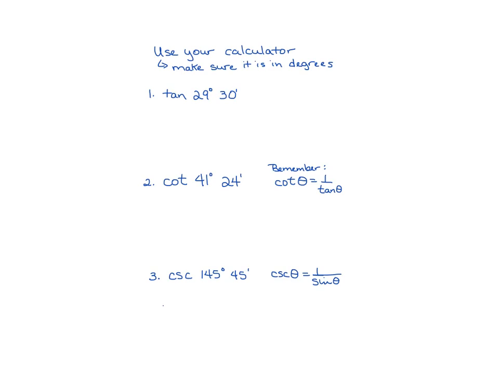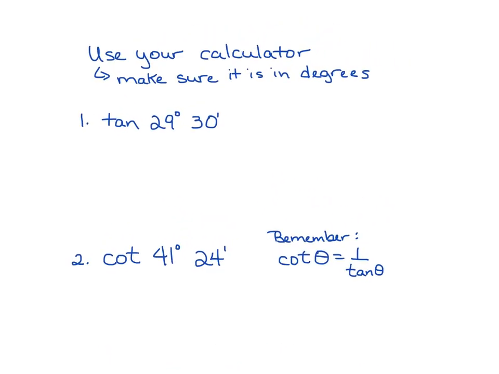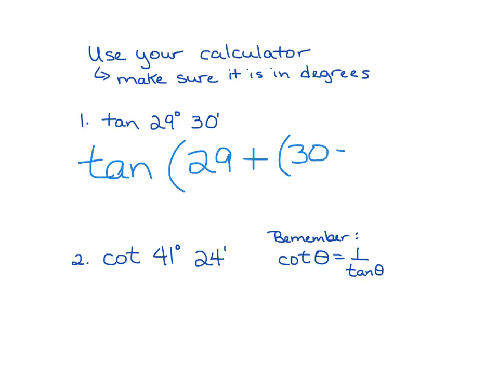So here's how we're going to put it in our calculator. We're going to touch the tangent button. It'll open a parenthesis. And then we're going to do 29 plus, and then parenthesis 30 divided by 60, close parentheses.